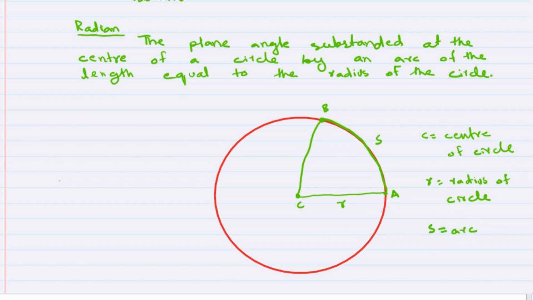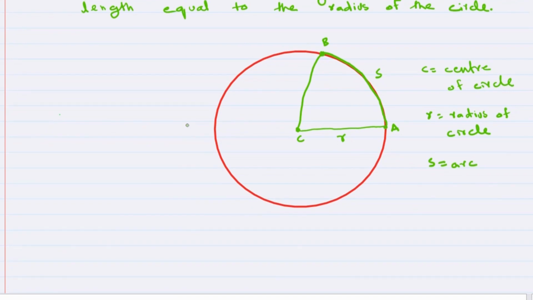So this arc has subtended an angle of theta. Here this is the plane angle as it is in a plane.